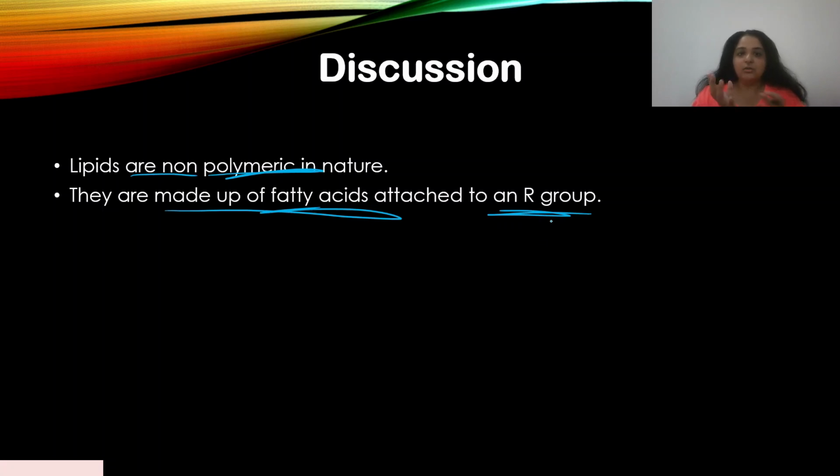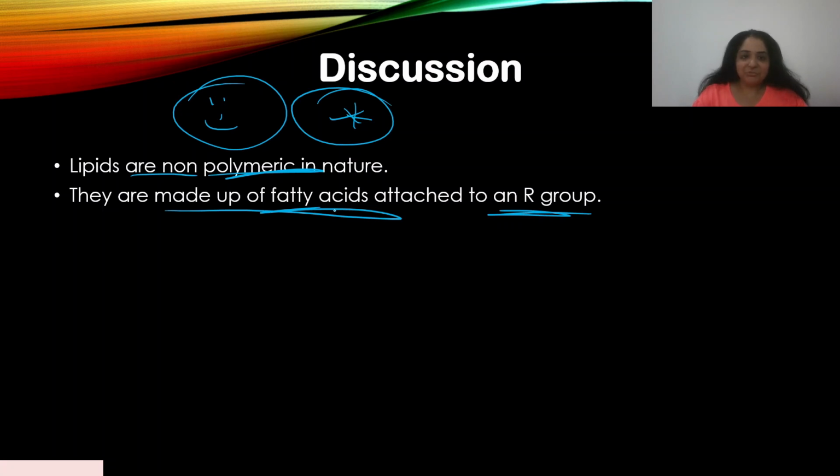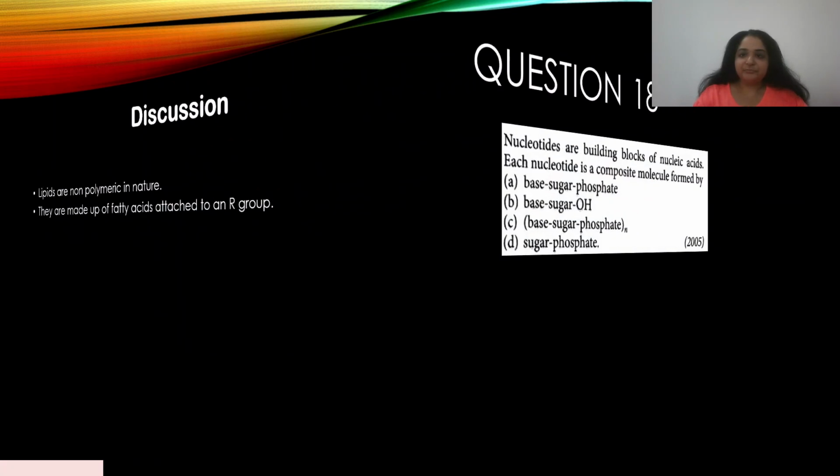So they don't form polymers of anything. They're just made up of fatty acids attached to an R group, a variable group. That's all. This was a good question. It was important to remember which of them are polymers and which are not. Clearly lipid is non-polymeric in nature. Let's move on.